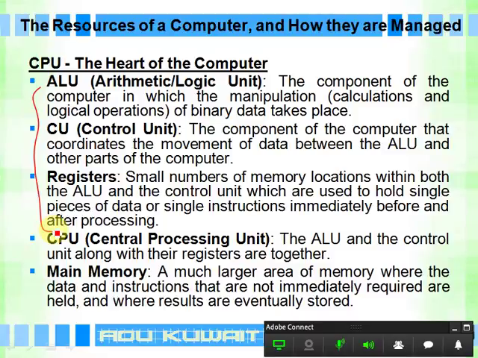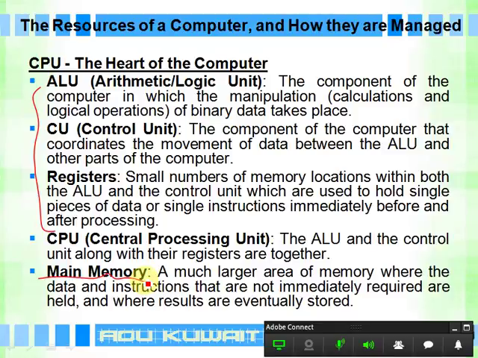Then the CPU is the combination of the ALU and the control unit along with the registers. ALU plus control unit plus registers is the CPU, central processing unit. Apart from the CPU, there is a main memory, a larger memory area in which you can store the instructions and programs needed by the CPU.